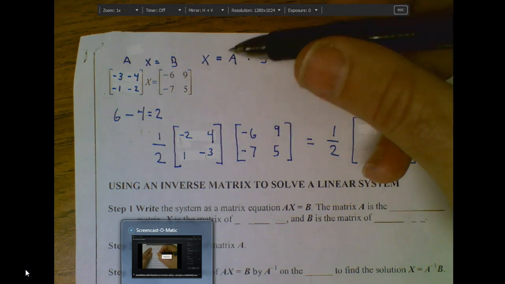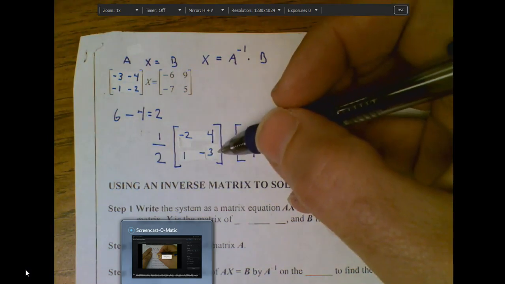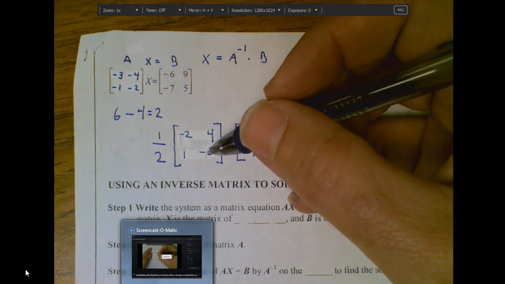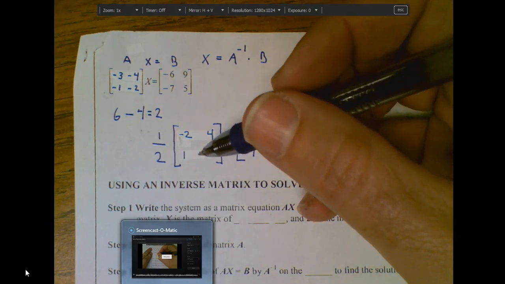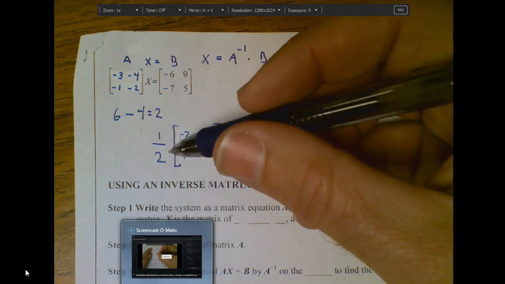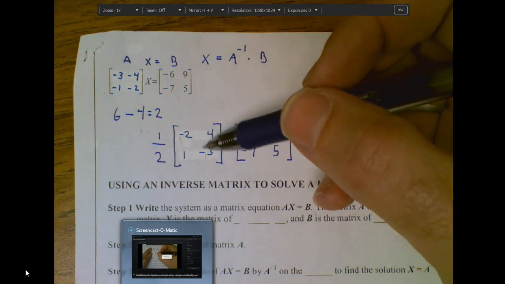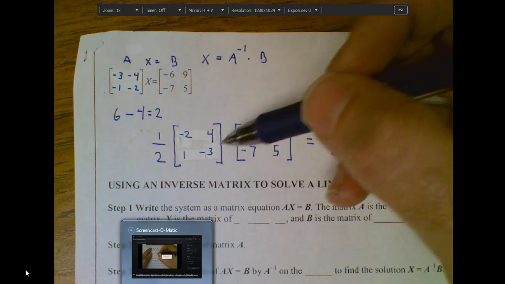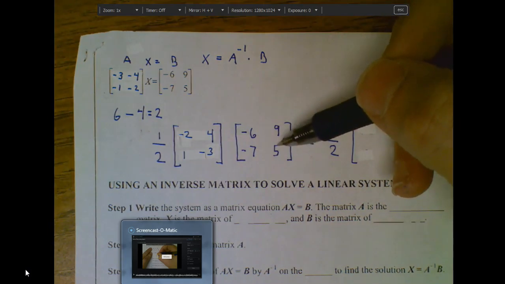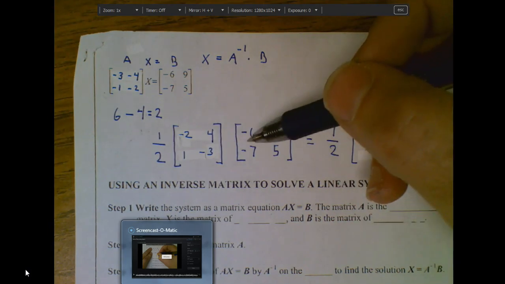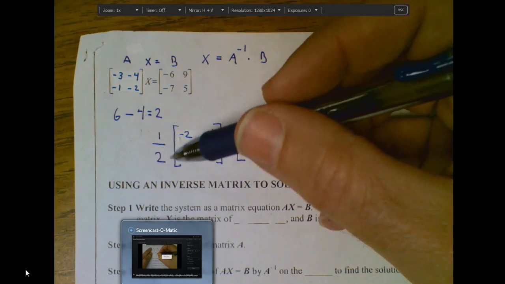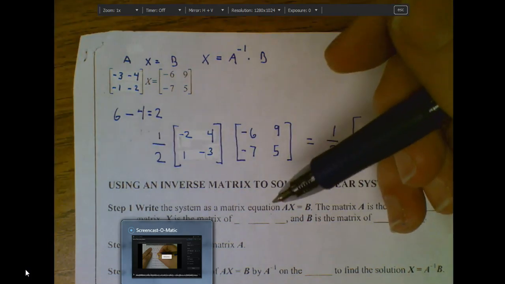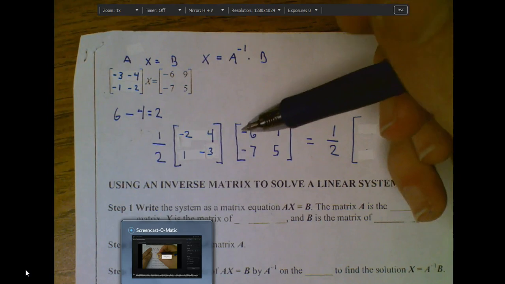So one thing you can do to make the fraction work easier is save the fraction part till the end. Instead of distributing that to my altered matrix and then multiplying times B, I'm going to multiply this times B first, and then bring in the 1/2 at the end, so I don't have to multiply with fractions at this part.